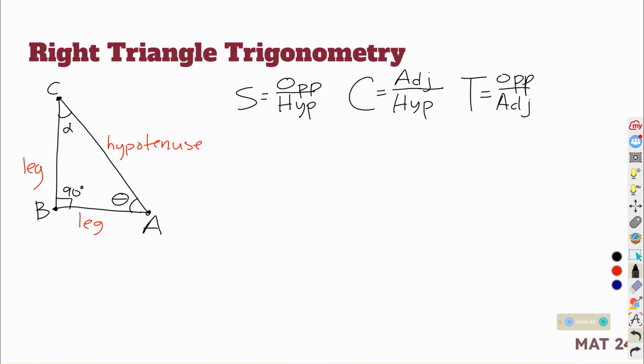Just practice it. The other thing that we know about right triangles is that Pythagoras had something to say about the relationships between the sides.